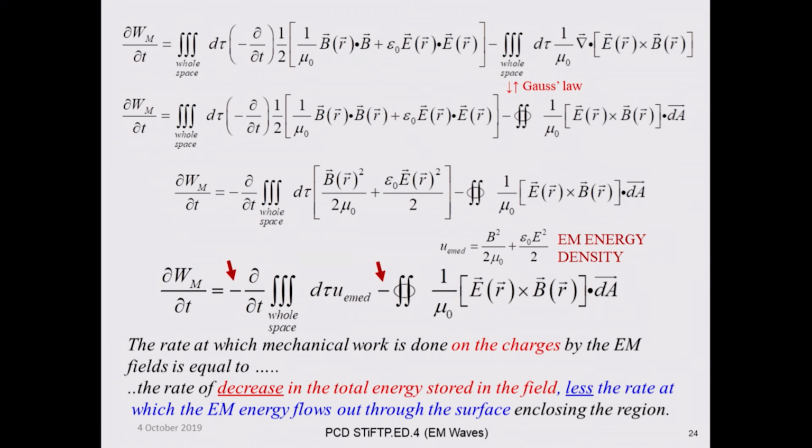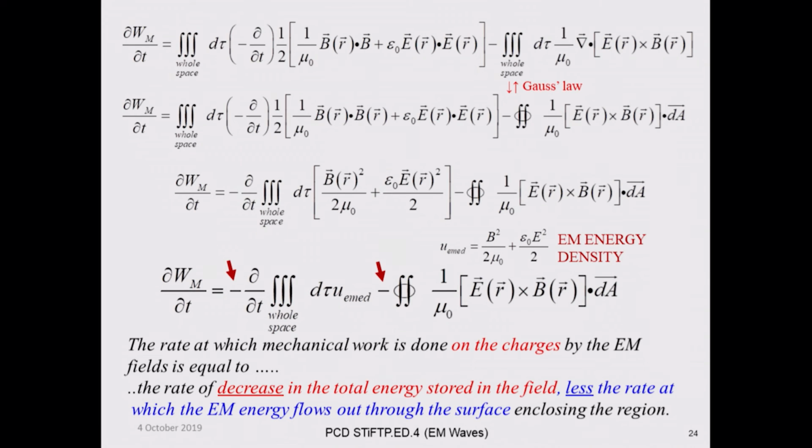But then there is some more which is depleted, which is given by the rate at which the electromagnetic energy, whatever is not depleted, it flows out of the region. Some of it will escape. And that is given by this surface integral, because this is surface integration over the whole surface which encloses this.